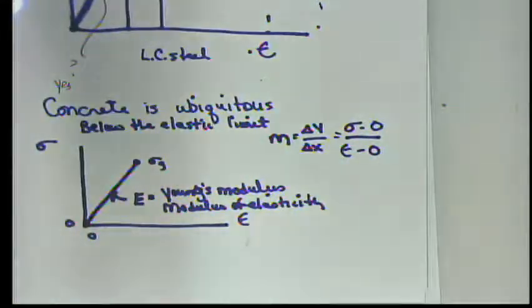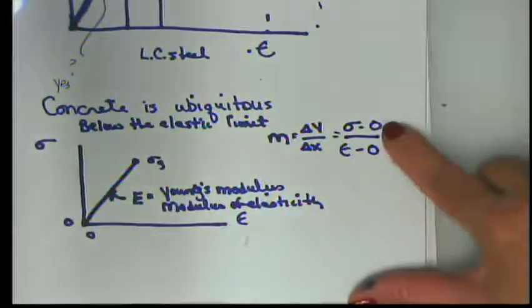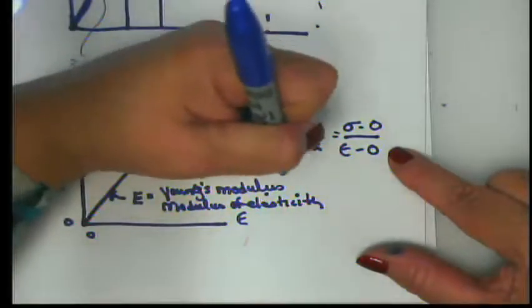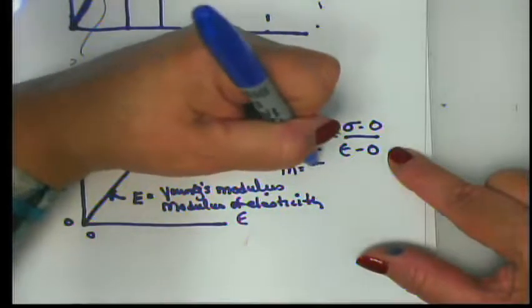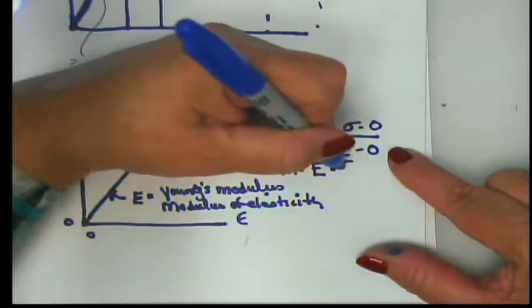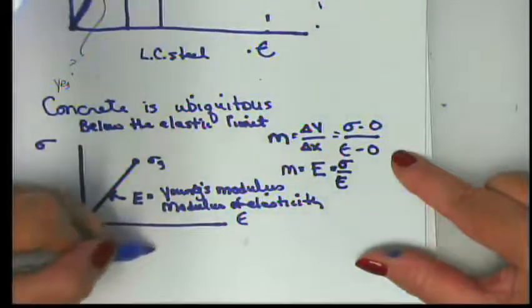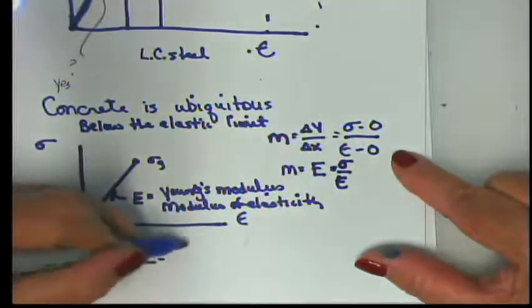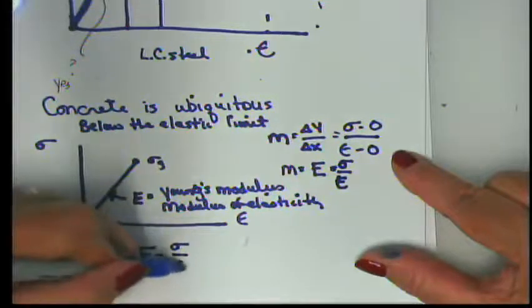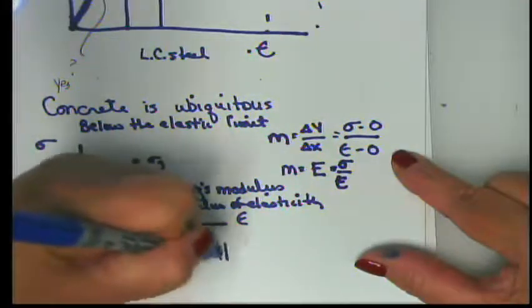So we've defined two things. First of all, that it's a straight line. Second of all, that it goes through the point 0, 0. So in this case, m, which is equal to E, is equal to sigma over epsilon. And this is called Hooke's law.